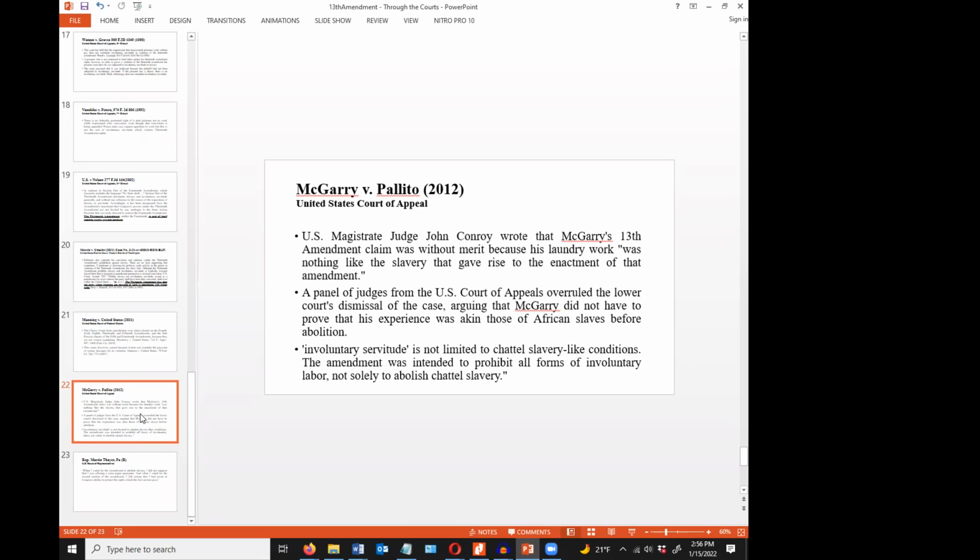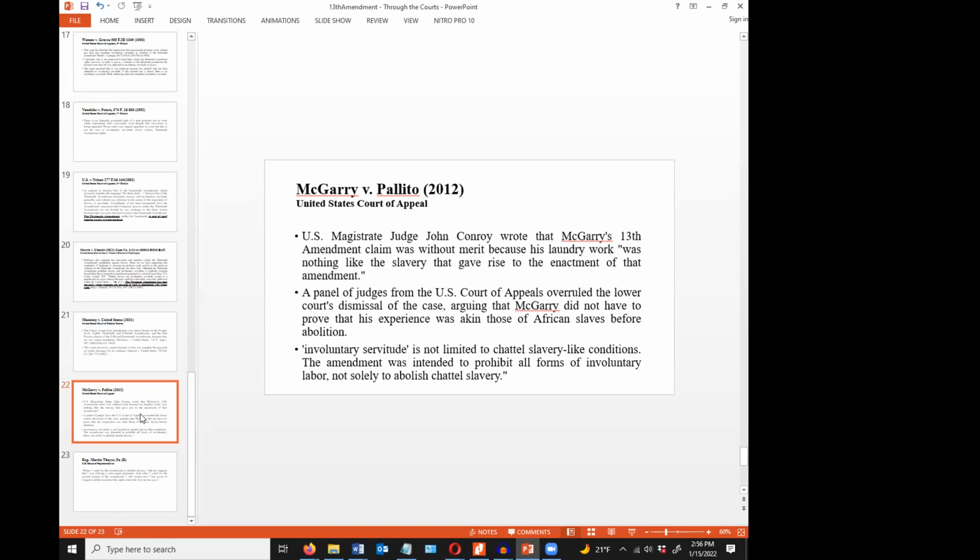But the U.S. Court of Appeals determined that McGarry did not have to prove that his existence was akin to those of African slaves before abolition. It says involuntary servitude is not limited to chattel slavery-like conditions. And it said, again, this amendment was intended to prohibit all forms of involuntary labor, not solely to abolish chattel slavery.